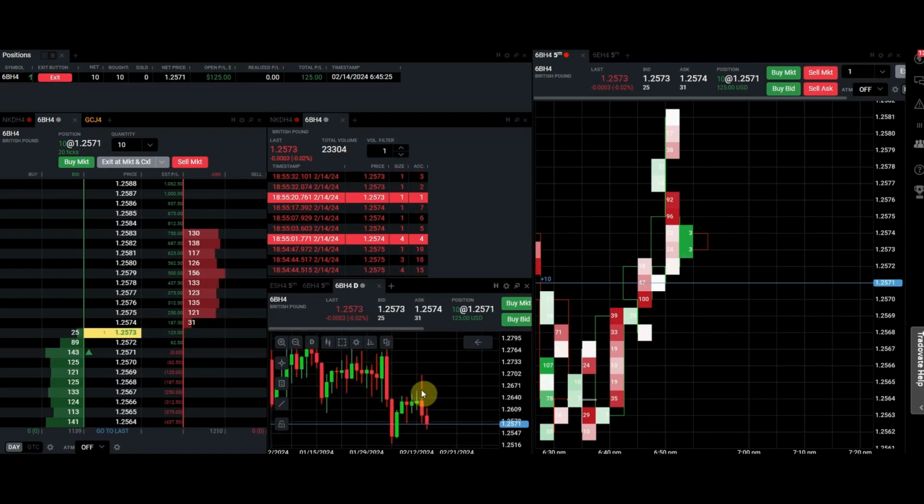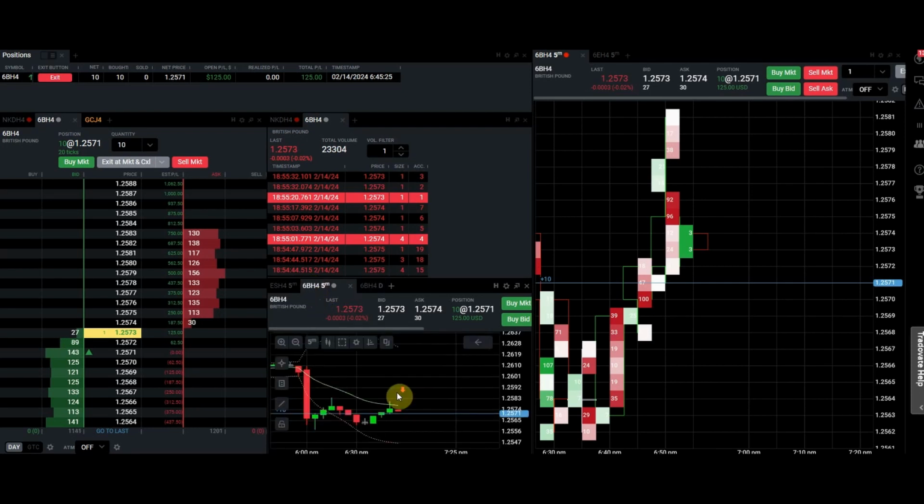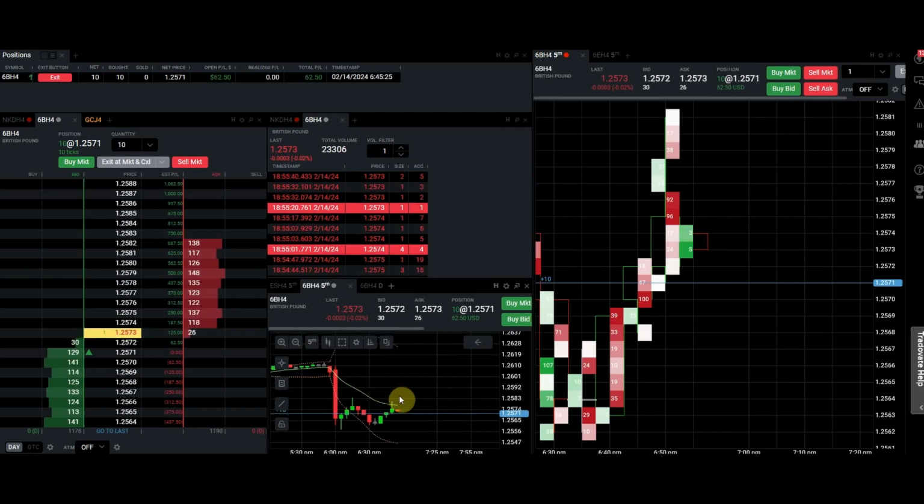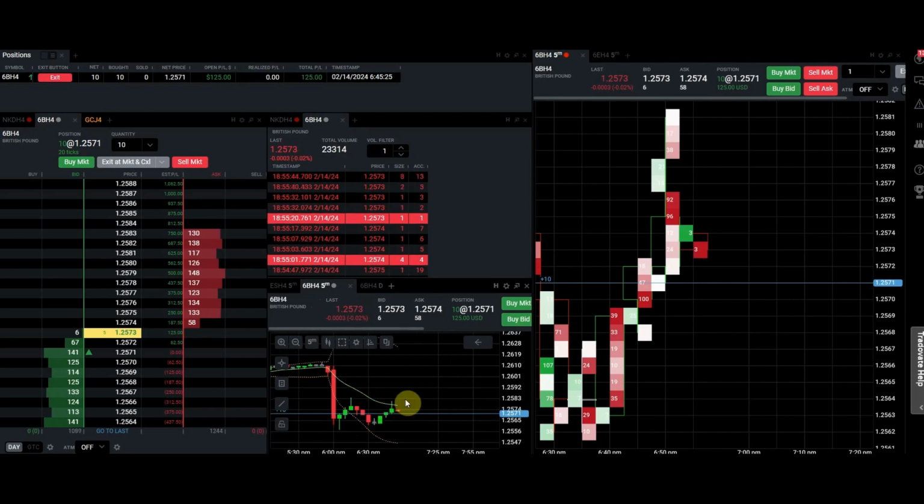I've got about 5 minutes now to the open. We're really fading. That wick held, that moving average there. It's kind of held so far. Really want to push through that.